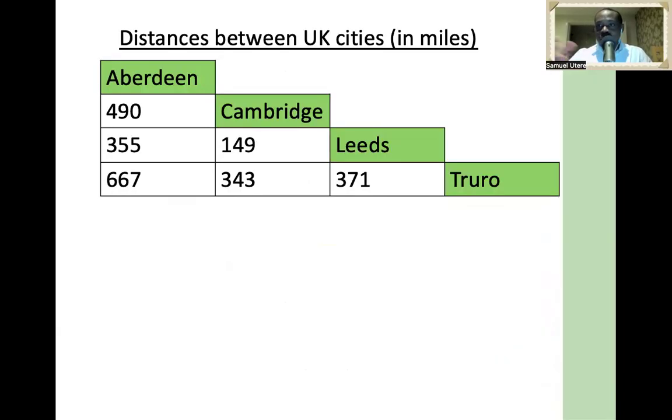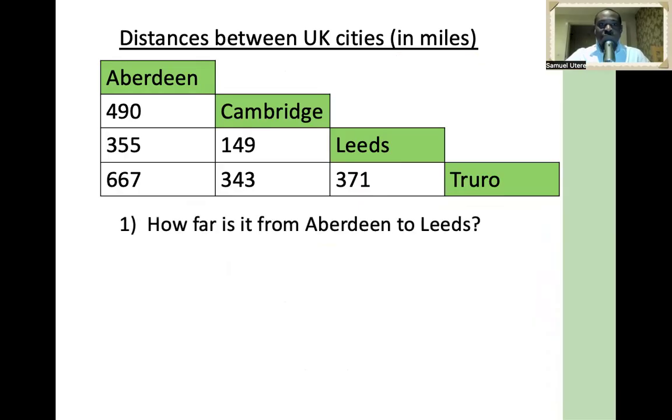Okay, so we now know one of the forms of table we know how to read is the calendar. So we are now going to learn how to read distance tables. Now, this is a simple table that shows distance between UK cities in miles. How do we read these? If we're asked, how far is it from Aberdeen to Leeds?